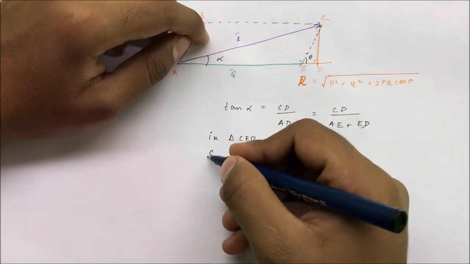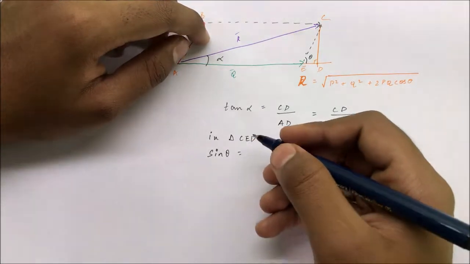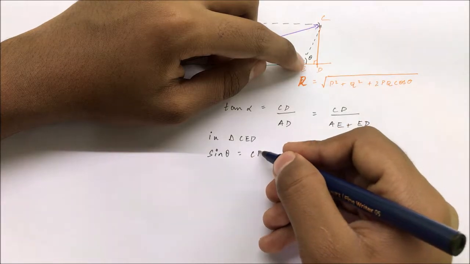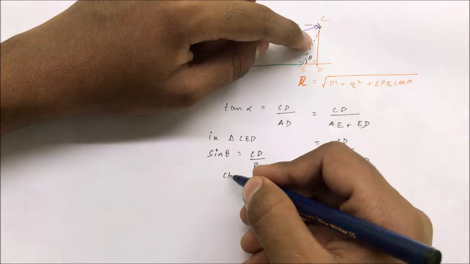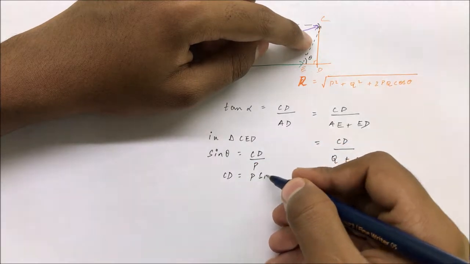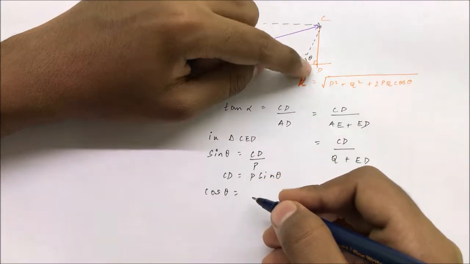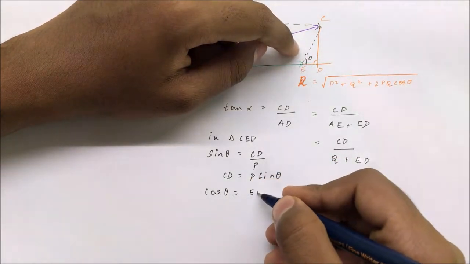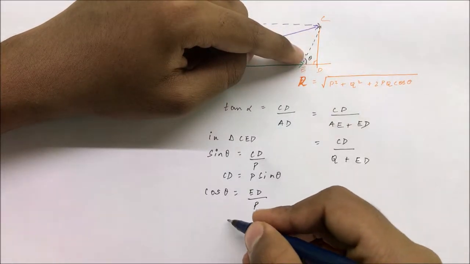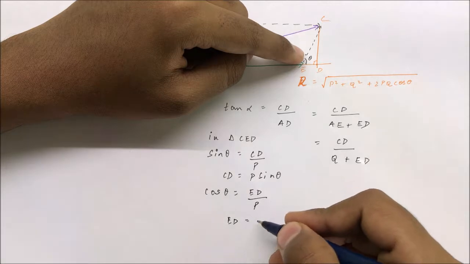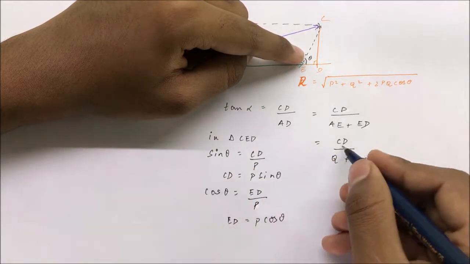Sine theta is opposite by hypotenuse, so opposite is CD, hypotenuse is P. So CD is equal to P sine theta. And cos theta is adjacent by hypotenuse, that is ED by CE, and CE is again P, so ED is equal to P cos theta.